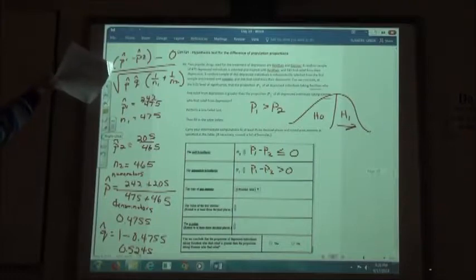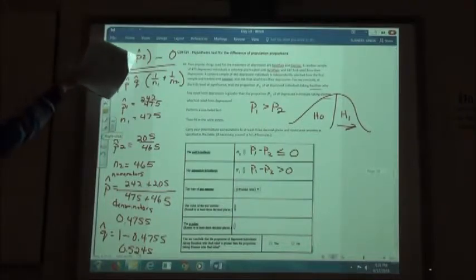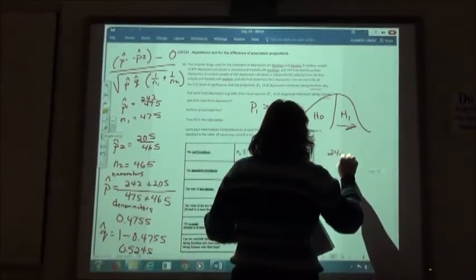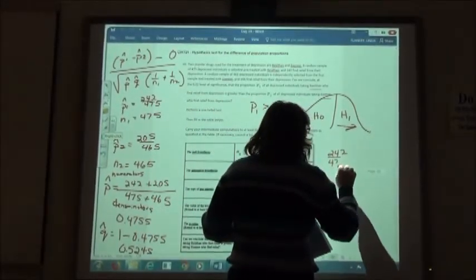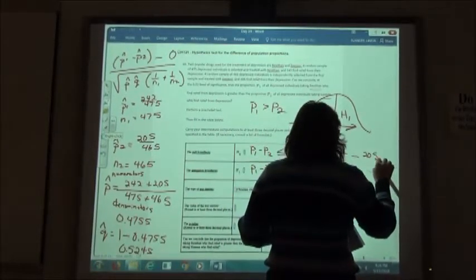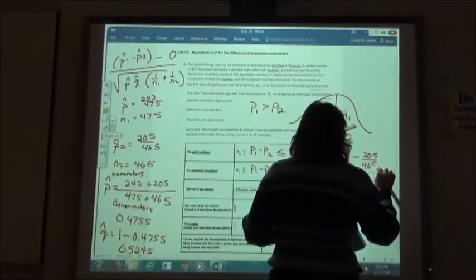We're going to do p hat 1 minus p hat 2, so 242 over 475 minus 205 over 465.